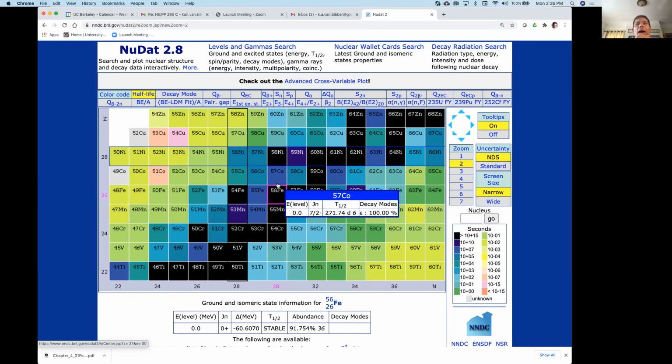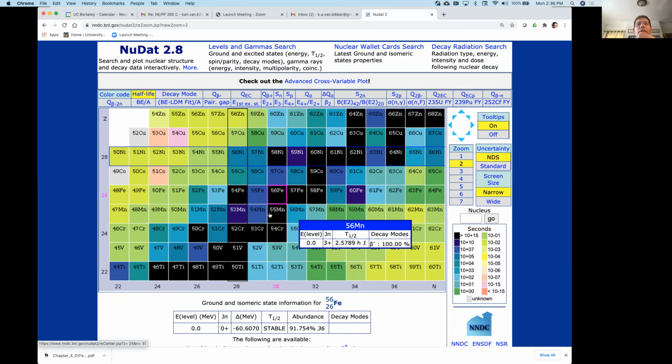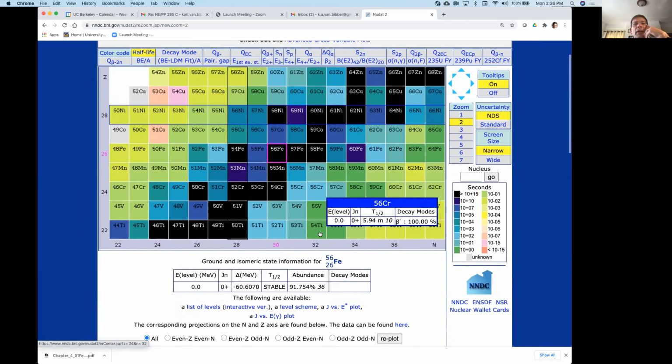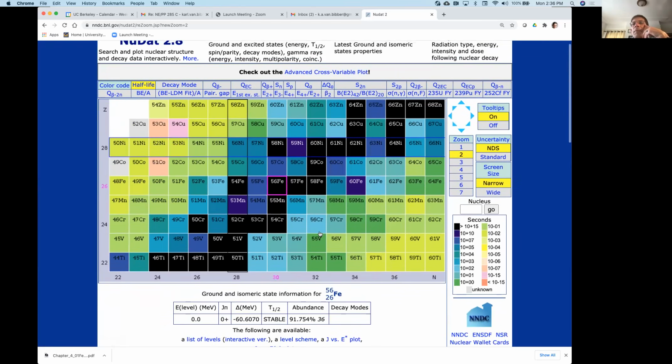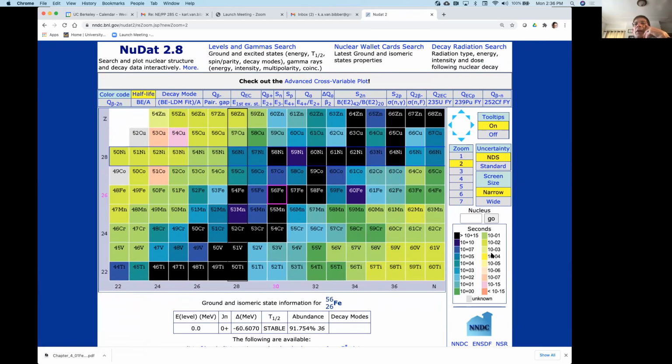Unfortunately, if you just hover over without clicking, you can see all kinds of interesting things here. Iron-56, anything that's black is absolutely stable. And there's a little key here that tells you the color and the lifetime. Things which are very dark colors have very, very long half-lives, and things as they get lighter are very, very short-lived.